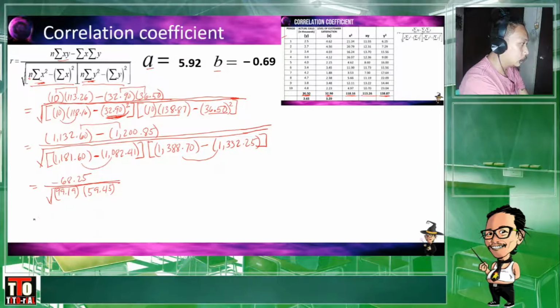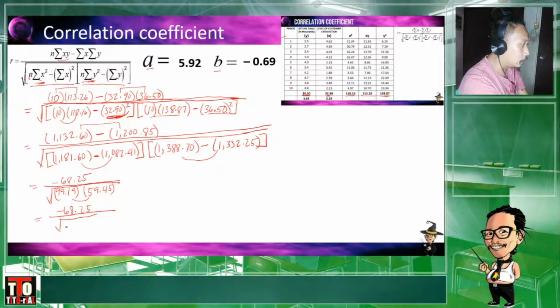So, next is here, negative. Let's just copy the numerator since we already solved it. There. Let's also copy the square root sign. So, let's try to multiply. 99.19 times 59.45.